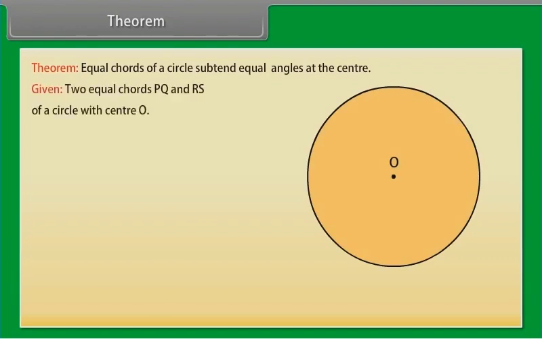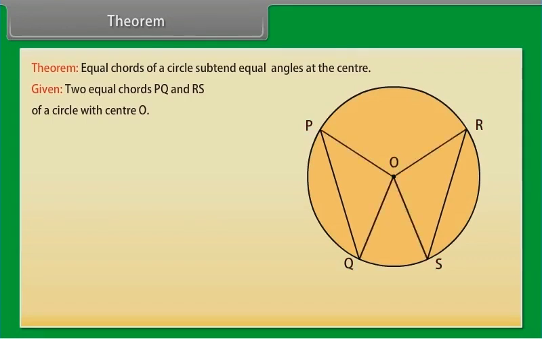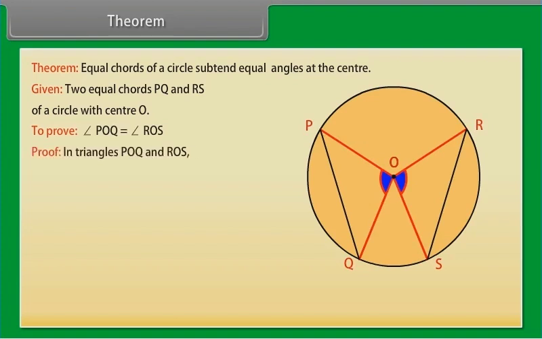Given two equal chords PQ and RS of a circle with center O. To prove, angle POQ is equal to angle ROS. Proof. In triangles POQ and ROS, OP is equal to OR because these are the radii of a circle.